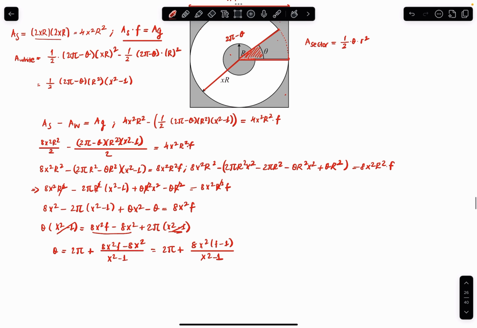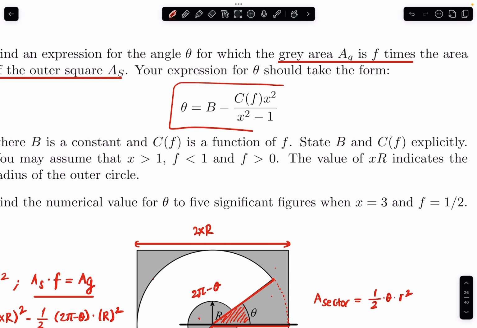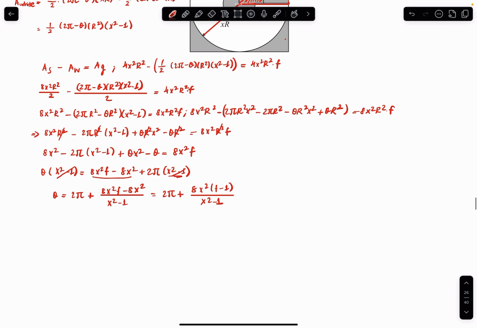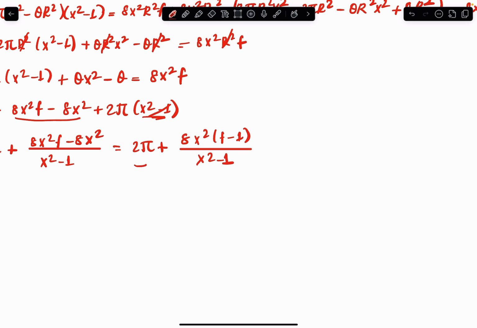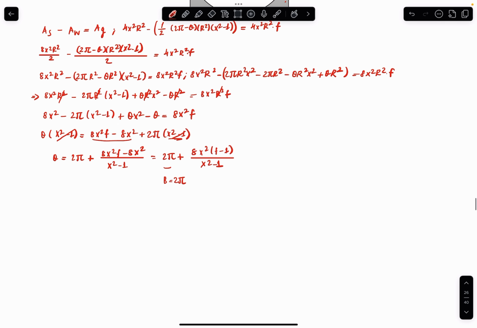So we should look at what we were supposed to find, the notation that we were supposed to find at the beginning of this question. And by looking at this here, we can say that b is 2 pi. So because the question wanted us to state b and cf explicitly, we're doing just that. This was 2 pi, okay.